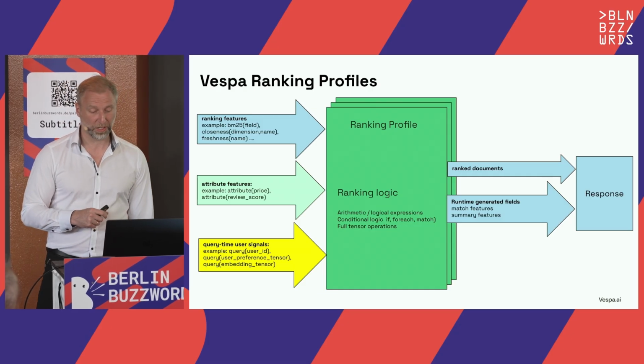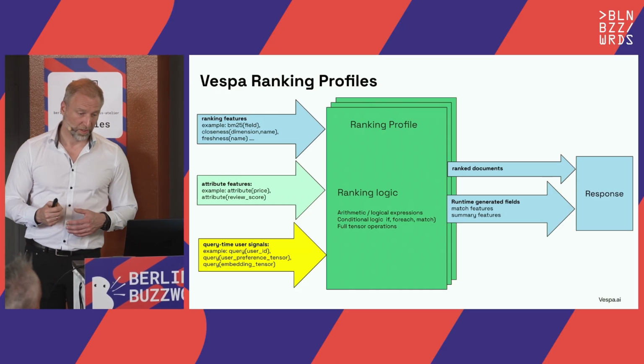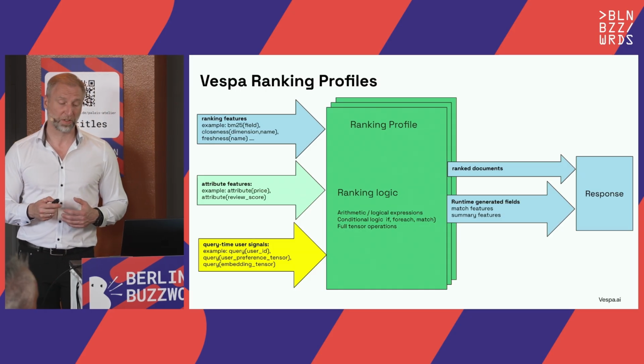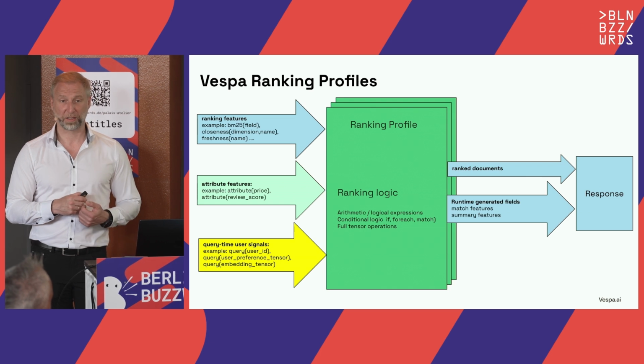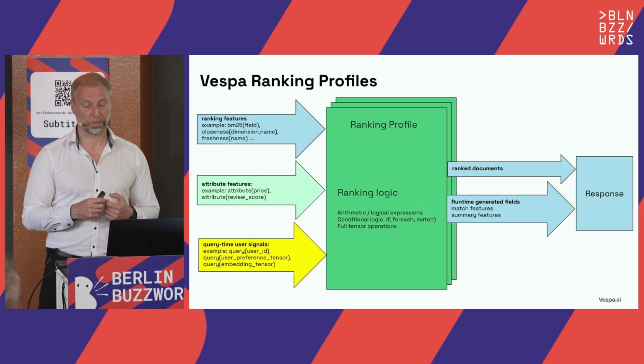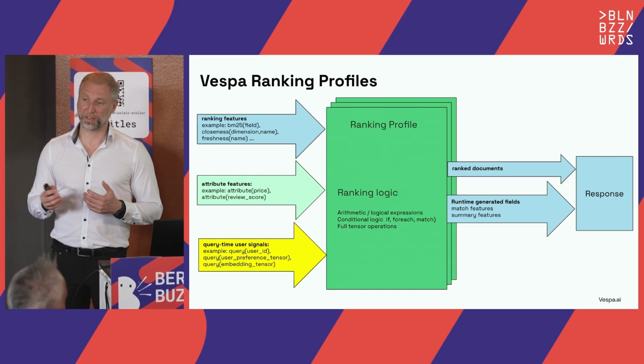The logic is written using arithmetic, logical expressions, and conditional logic. All of these kinds of complex expressions, including tensor operations, can be done directly in the ranking profile. And then what will be the output from Vespa? That will be ranked documents and also runtime generated fields.